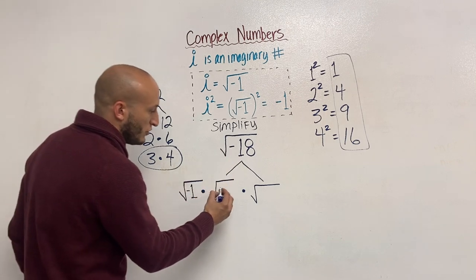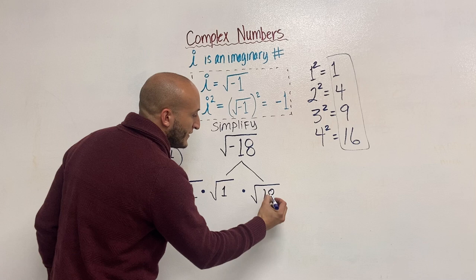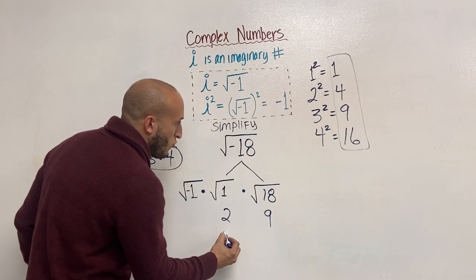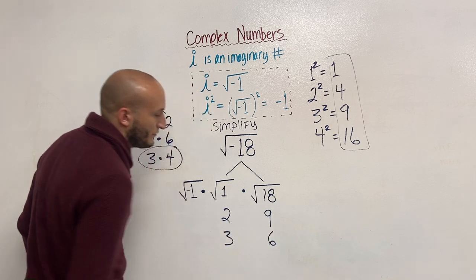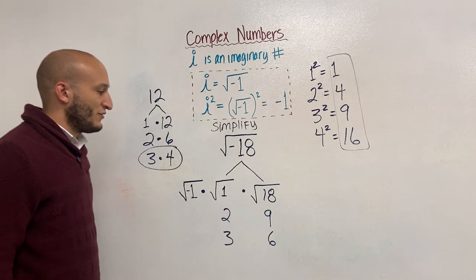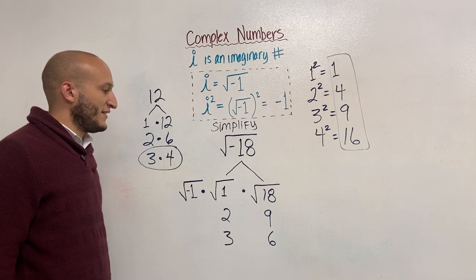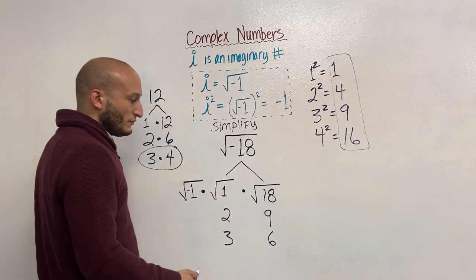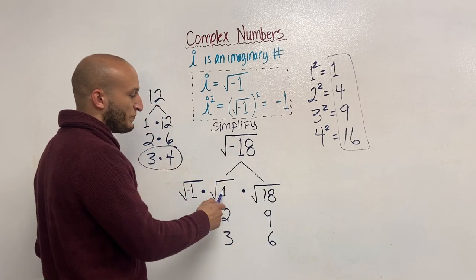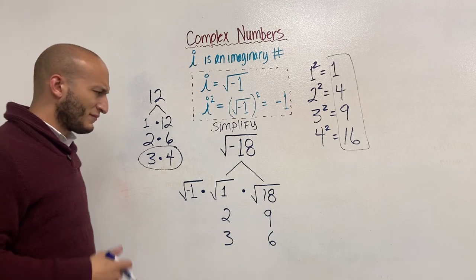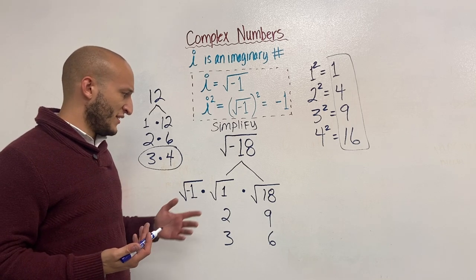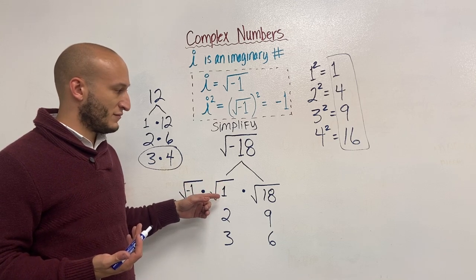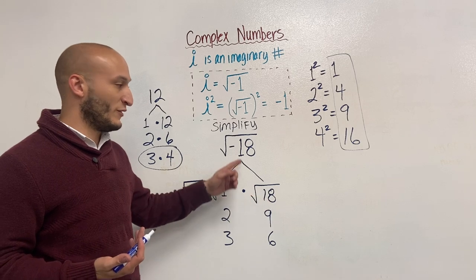Okay, so I have 1 and 18. I have 2 and 9. I have 3 and 6. I can see that 9 is a perfect square. 1 and 18, well, 1 is a perfect square, but it wouldn't help much because the square root of 1 is 1. 1 times the square root of 18 is still the square root of 18.